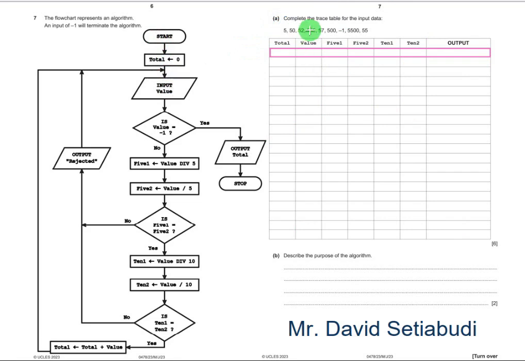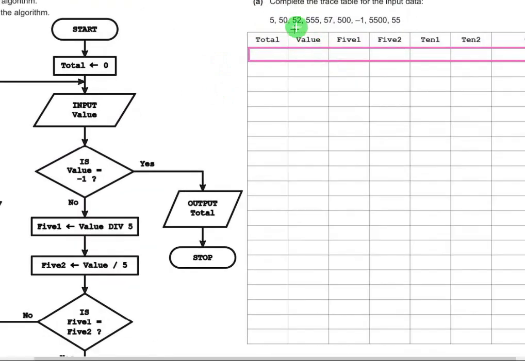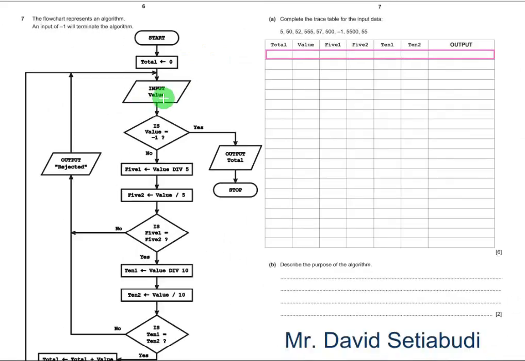This is the input data. So the input values, the first one will be 5, followed by 50, 52, 555 and so on.